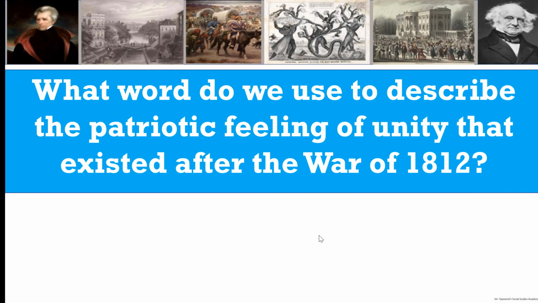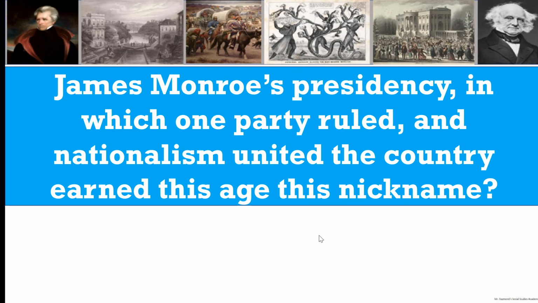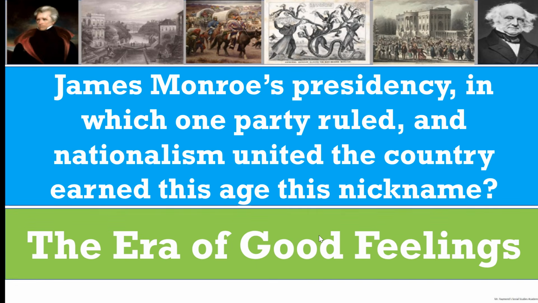What word do we use to describe the patriotic feeling of unity that existed after the War of 1812? Nationalism. James Monroe's presidency, in which one party ruled and nationalism united the country, earned this age the nickname the Era of Good Feelings.